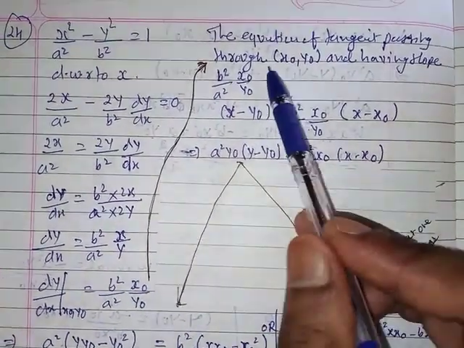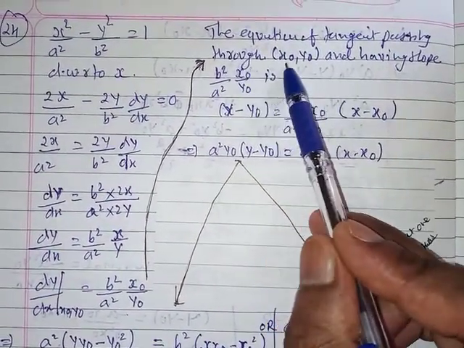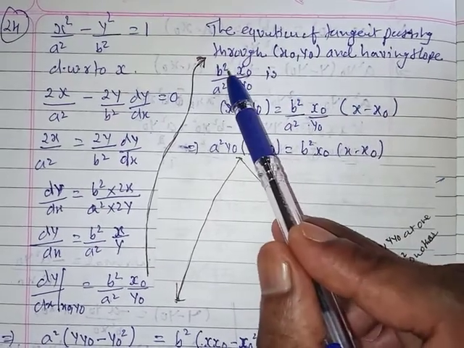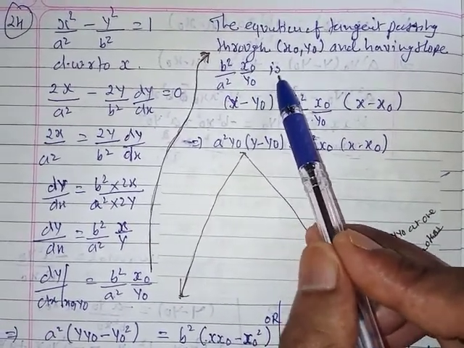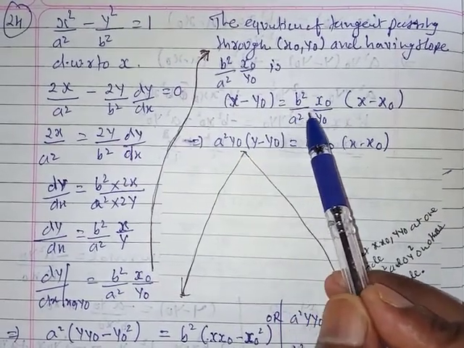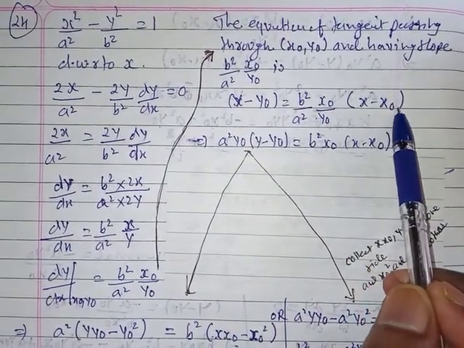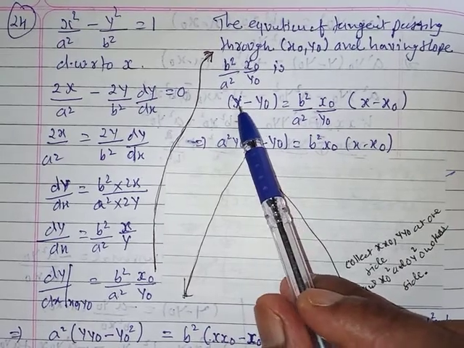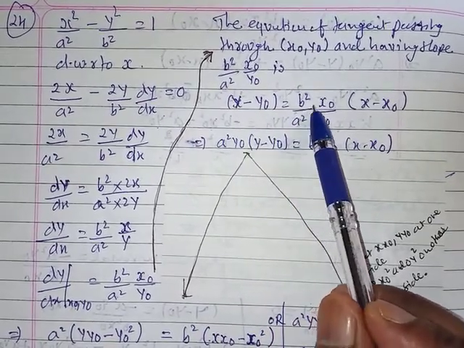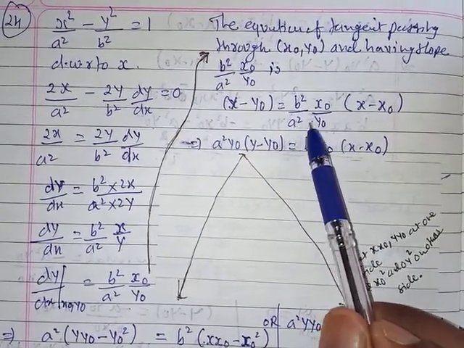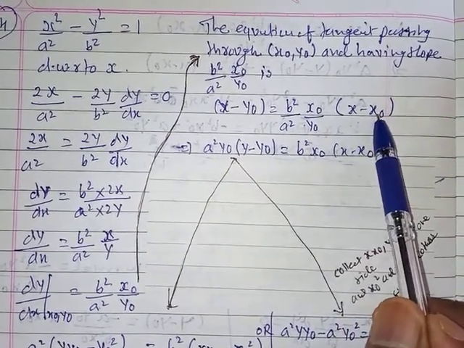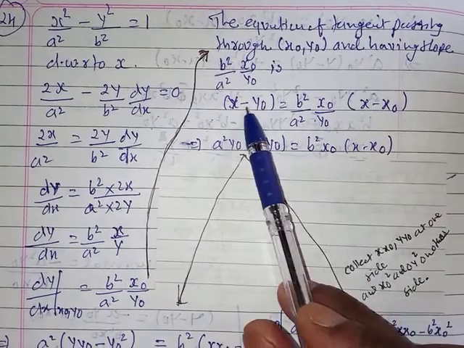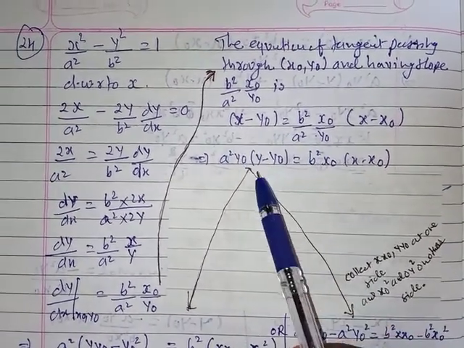So the equation of the tangent passing through (x0, y0) having slope b squared x0 upon a squared y0 is y minus y0 is equal to m times (x minus x0). Substituting, y minus y0 is equal to b squared x0 upon a squared y0 into (x minus x0). If you cross multiply it, this goes on this side.